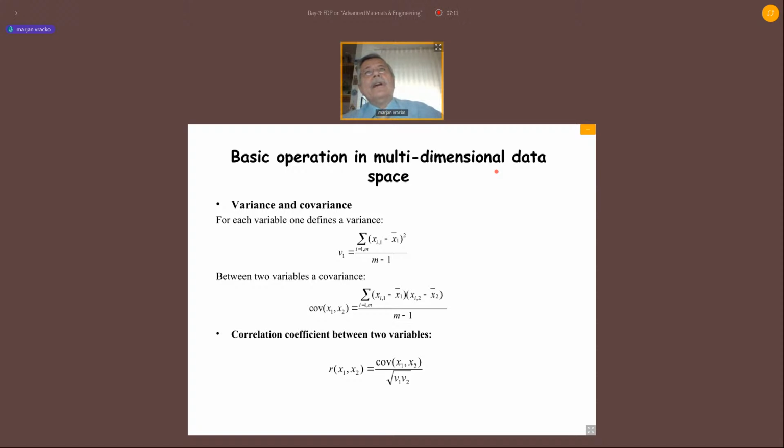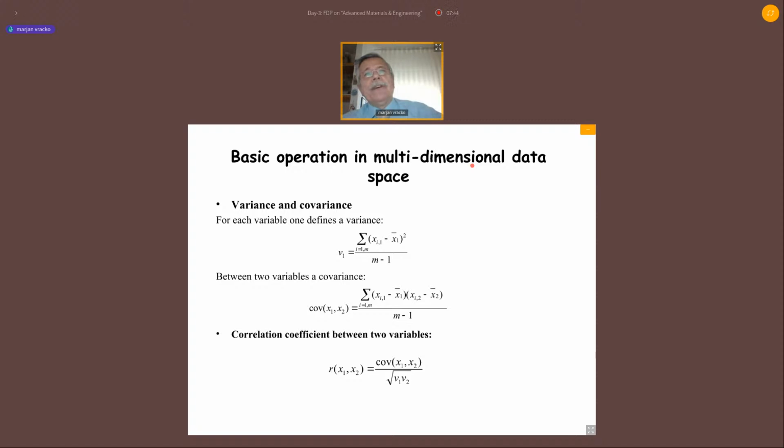It's somehow called an average, how spread is our variable, and the relation between two independent variables is given as a covariance. So we have to calculate those two quantities for our data set.